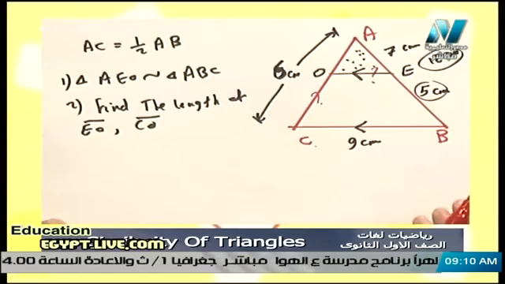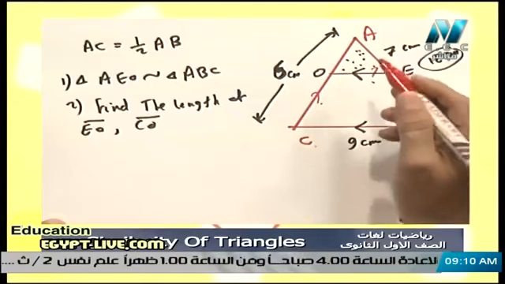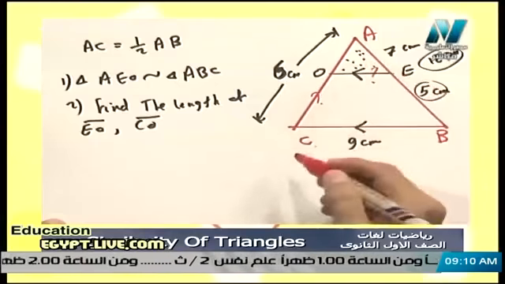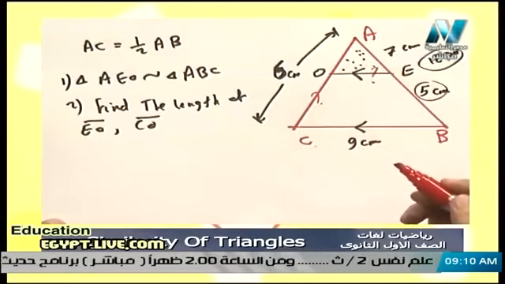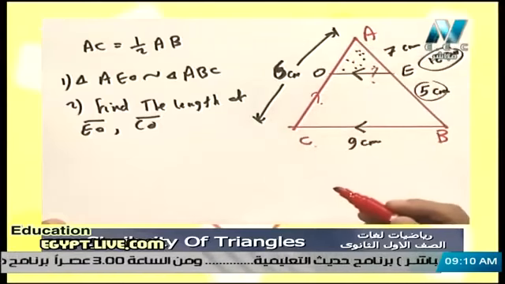Okay, first we have EO parallel to BC in the two triangles AEO and ABC, and we want to prove that this triangle is similar to the bigger triangle.